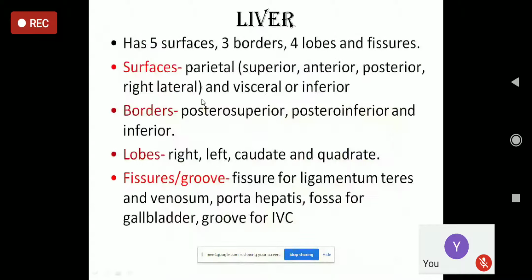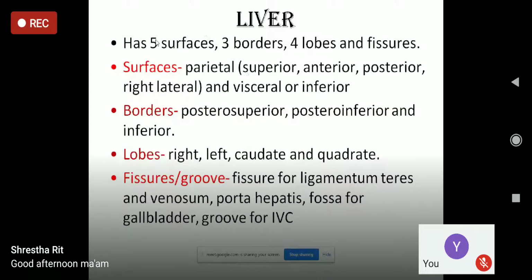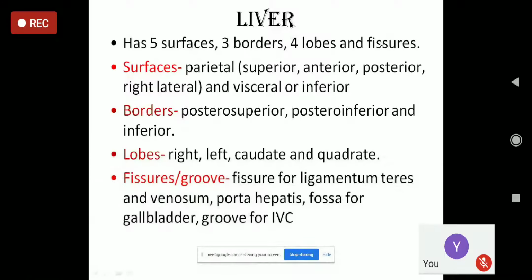In case of liver, it has 5 surfaces, 3 borders, 4 lobes, and fissures. Talking about the surface, it has parietal surface and visceral surface, or you can say inferior surface. The parietal surface is again divided into superior, anterior, posterior, and right lateral.